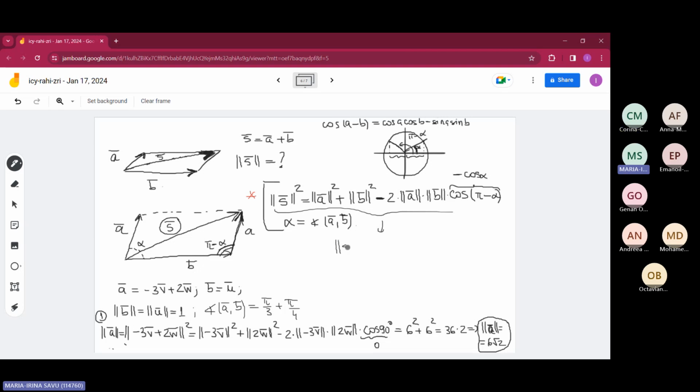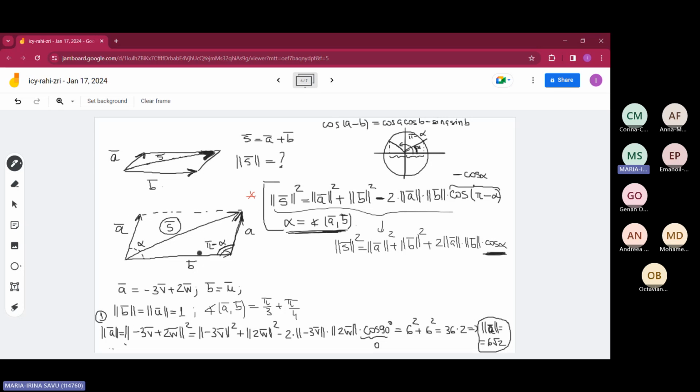Yes. The formula means that this one squared is this one squared plus this one squared plus 2 times A times B times, from here, right? Oh, okay. So is it plus? Okay, okay. Okay, it's fine. And you have cosine of alpha, where alpha is the angle between A and B.